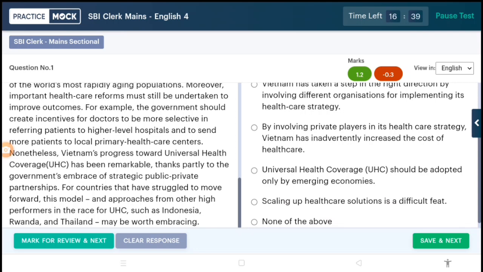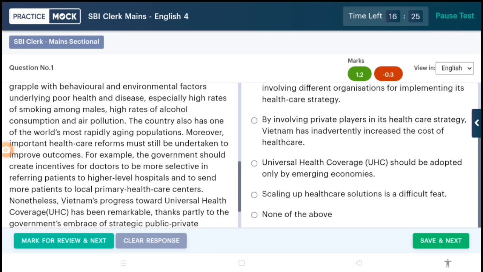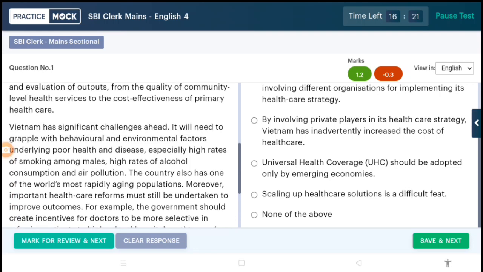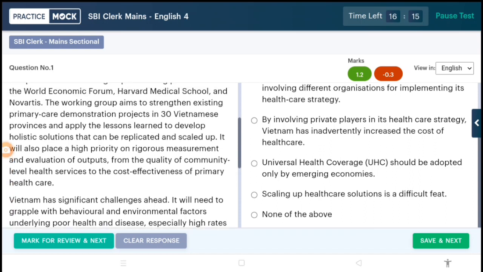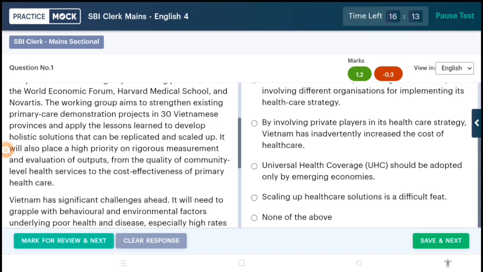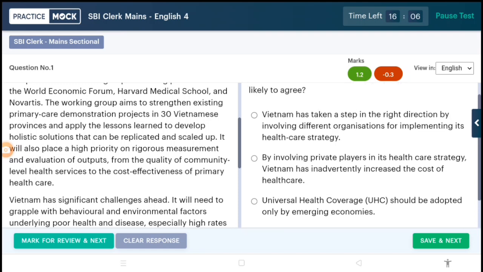Emerging economies. Scaling up healthcare solutions is a difficult feat. Next. Vietnam has taken a step in the right direction. Healthcare strategy.